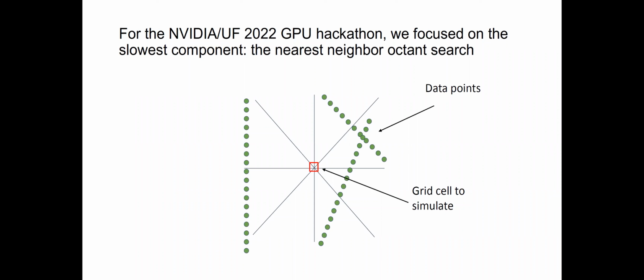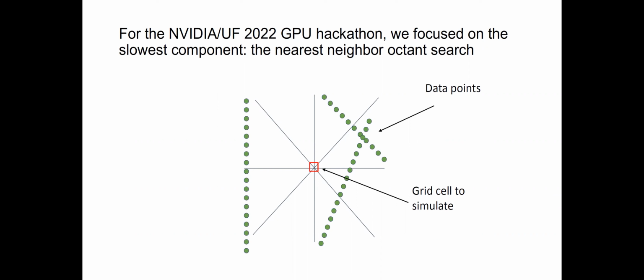And we can't just do a simple nearest neighbor search. We actually perform an octant search, which means we look for data in each octant. We're not necessarily finding the n closest neighbors. We want to make sure we're having data on every side of the grid cell we want to simulate.